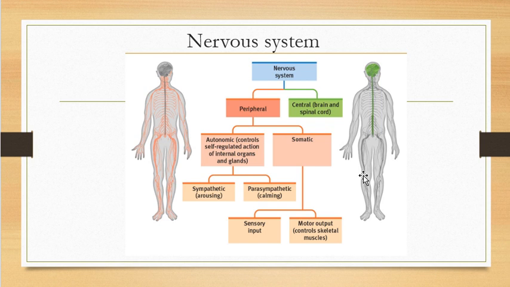So these carry the message from the sensory organs towards the CNS, and then when the message is interpreted and a response is to be carried out by our body, the message is conveyed from the CNS towards the effector cell through the motor neurons. This message conveying is the motor output that controls the skeletal muscles.